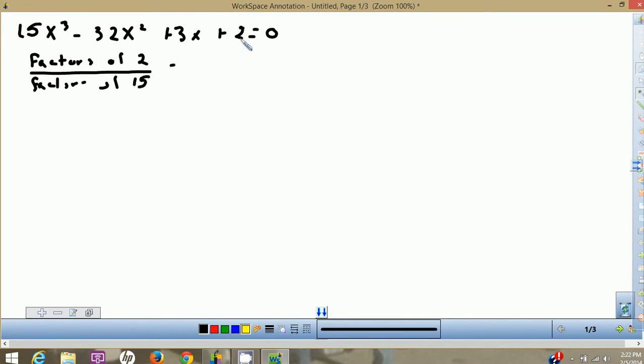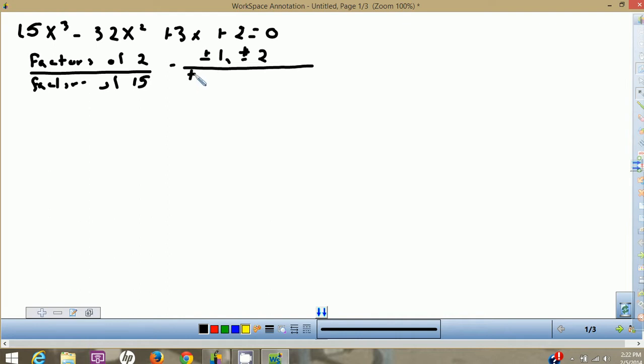What are the factors of 2? Plus or minus 1 and plus or minus 2. Only factors that I've got for this particular one. But there's a little bit longer list for 15. I can make 15 with 1 times 15, or I can make it with 3 times 5.